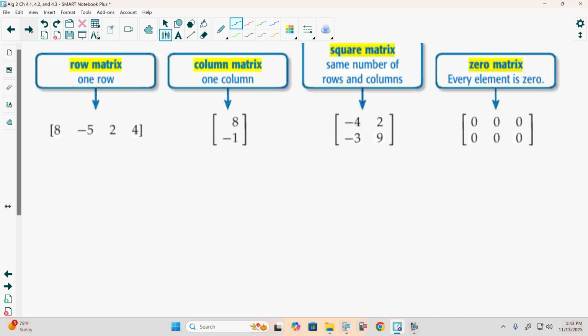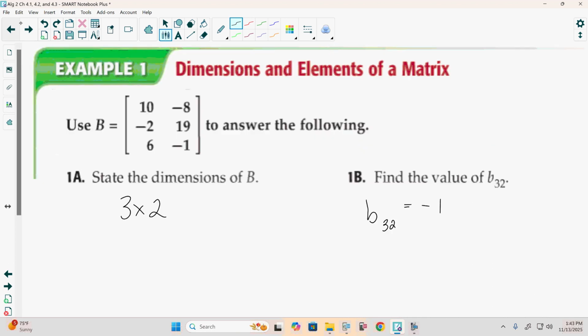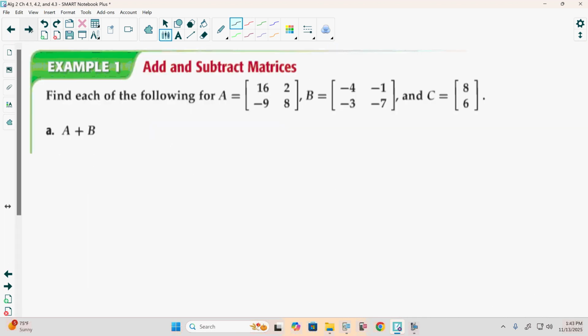We call it a square matrix because the number of rows and the number of columns are the same. It makes a square. And a zero matrix, we call it a zero matrix if every element in the matrix is 0. So they're all zeros. Those are some of our special types, some that we've given special names.